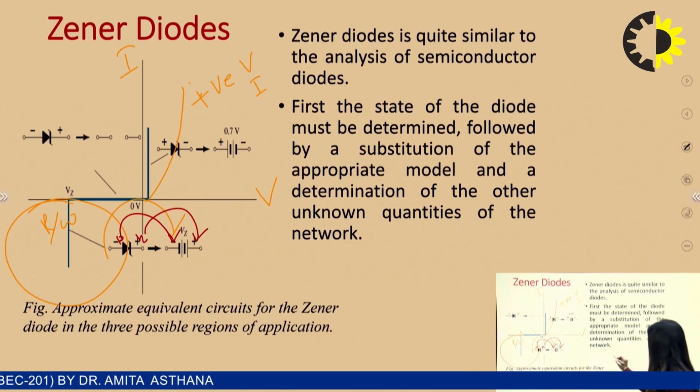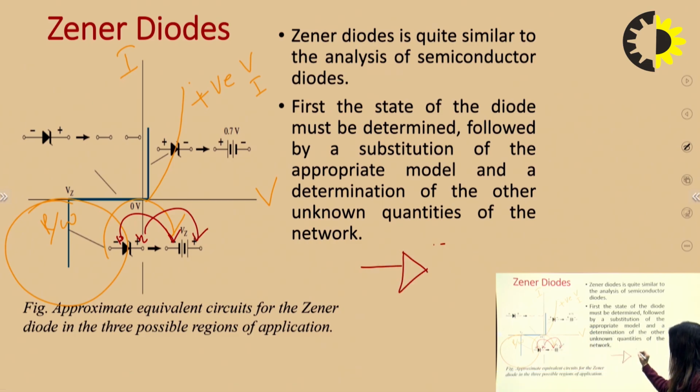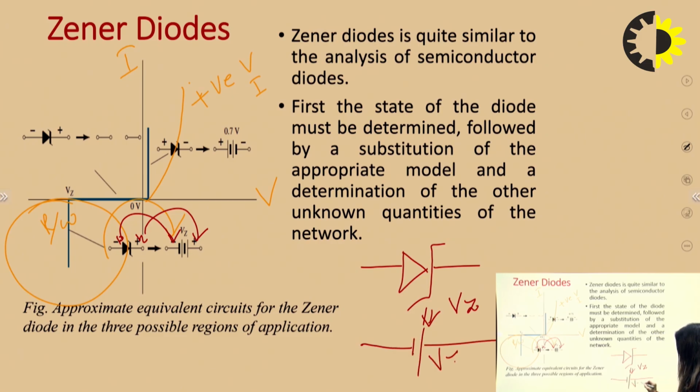That means if the voltage across the diode exceeds VZ, then it breaks down into a battery of VZ, with minus and plus as shown, and here it is P and here it is N, right? This is how the Zener diode works.